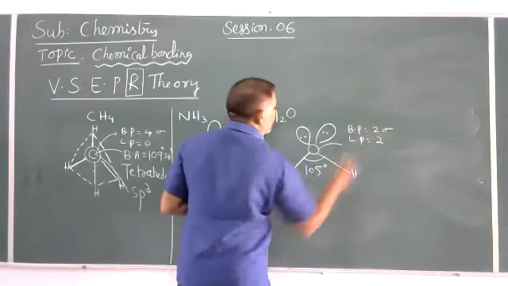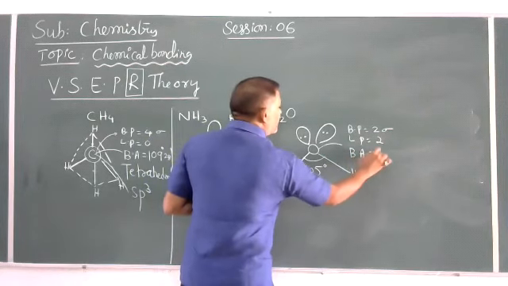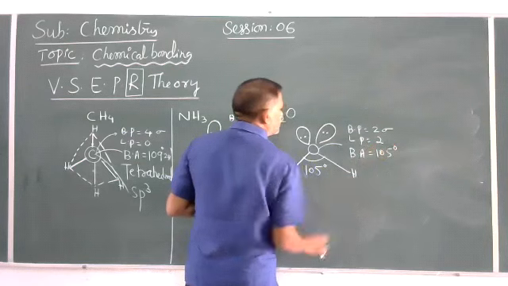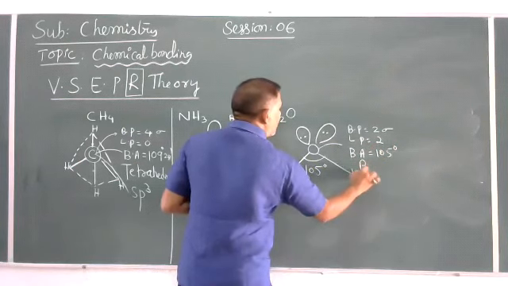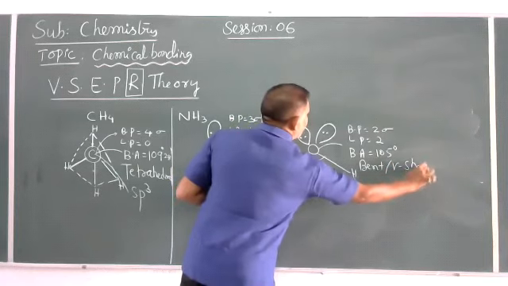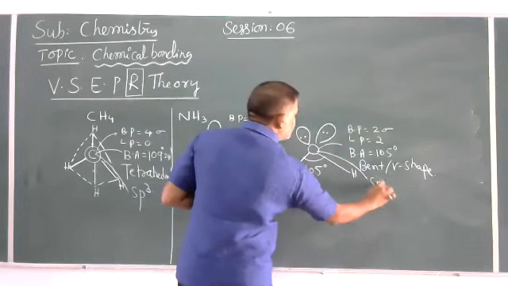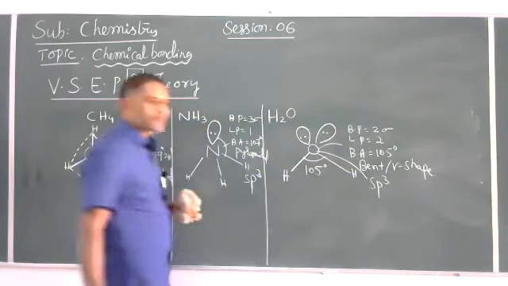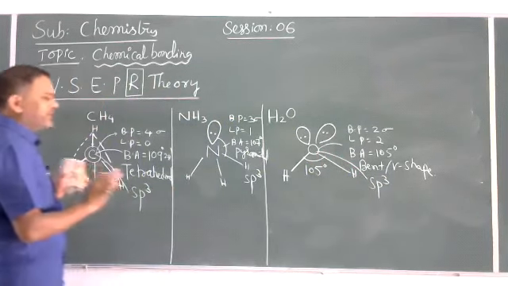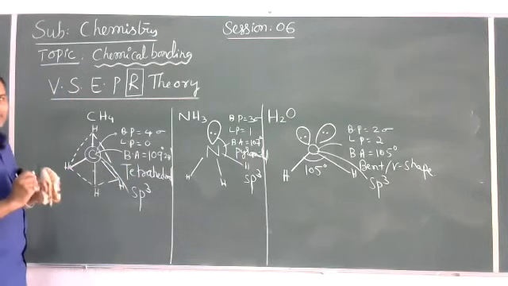The bond angle BA is 105 degrees, and the shape is bent or V shape. The oxygen undergoes sp3 hybridization. After hybridization, we'll get a clear picture of valence shell electron pair repulsion theory.